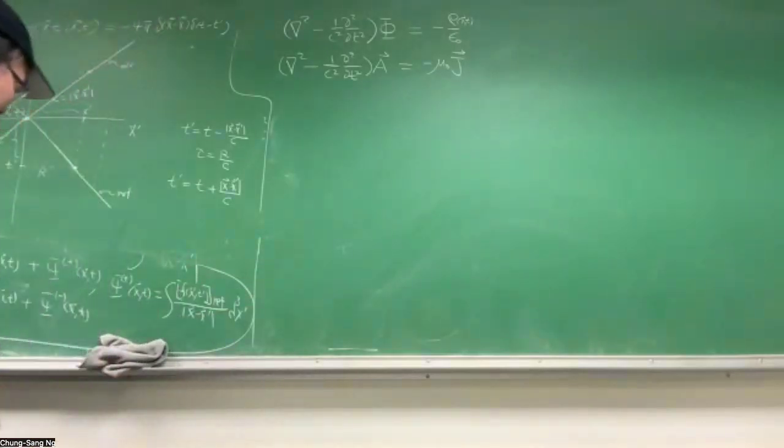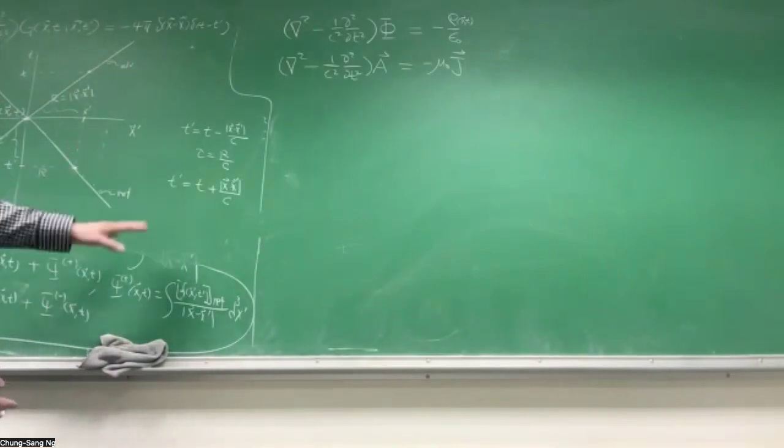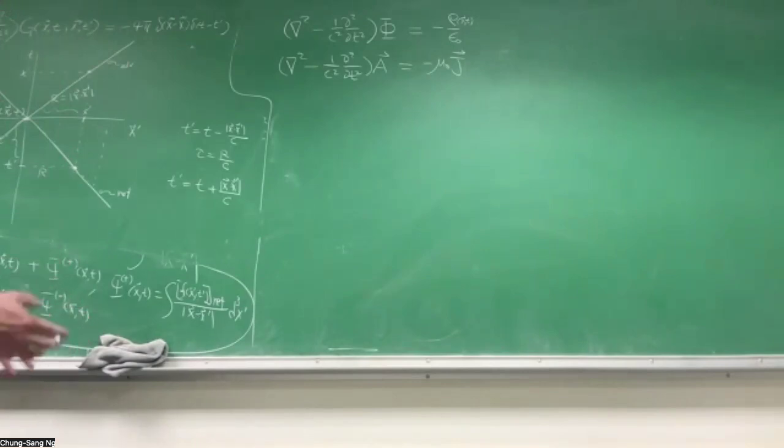But this doesn't mean that the advanced solution is of no use. In some situations, maybe you know the present or a certain history, but you want to find the solution even before that, and then you can use the advanced solution.